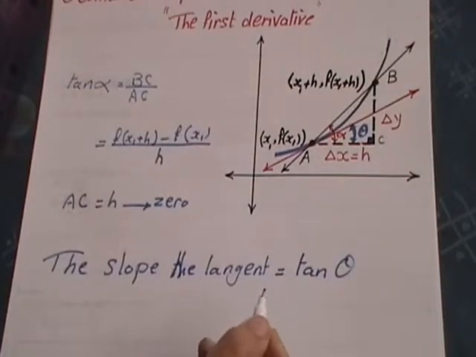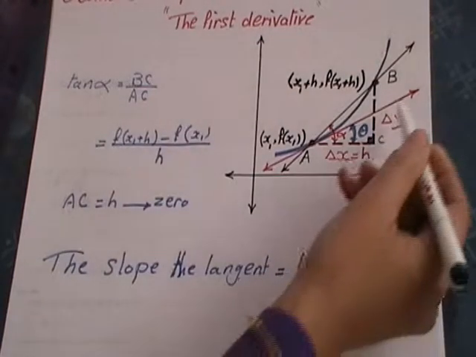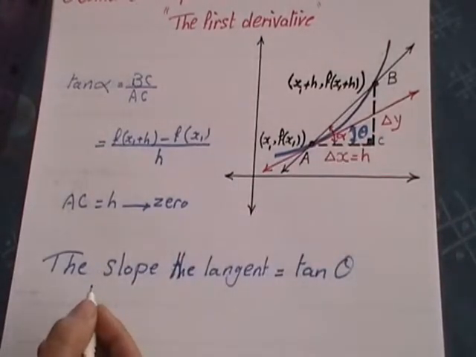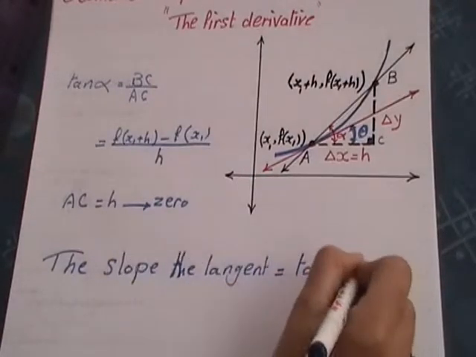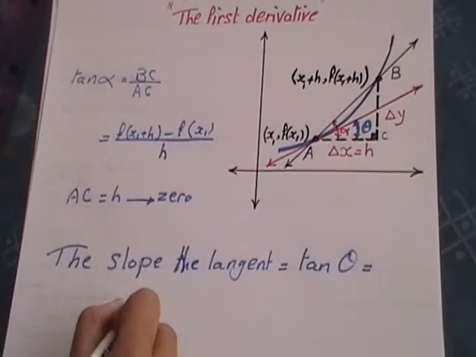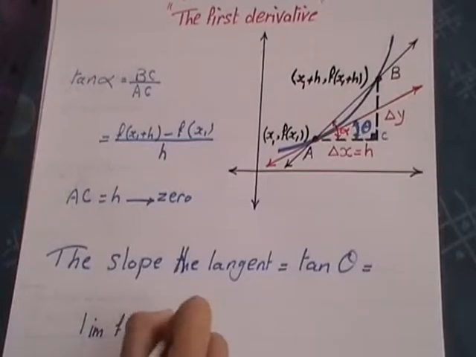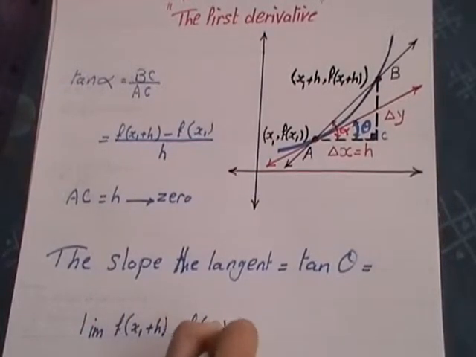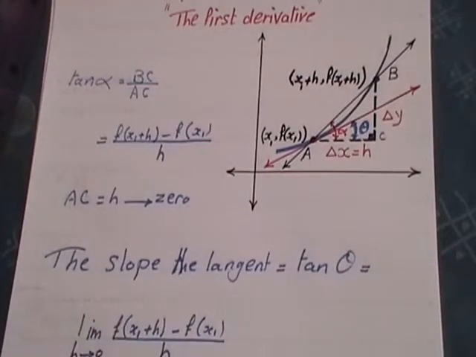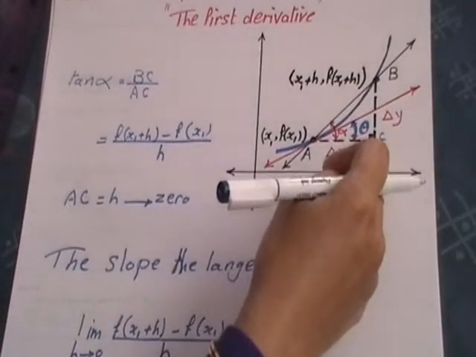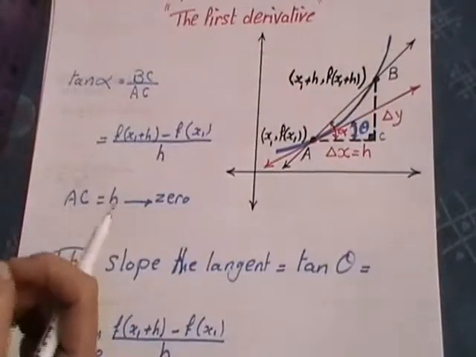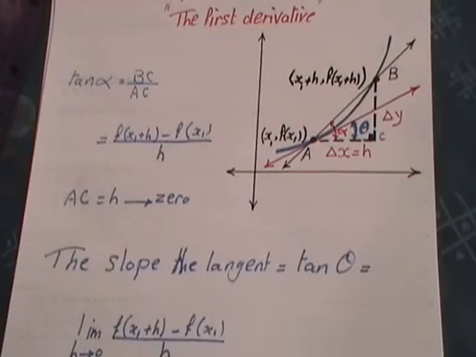What is theta? Theta is the angle between the tangent of the curve and the horizontal line at the point A. It equals the limit of f of x1 plus h minus f of x1 over h, when h tends to 0, because the distance between point A and B approaches 0, but not equal to 0.